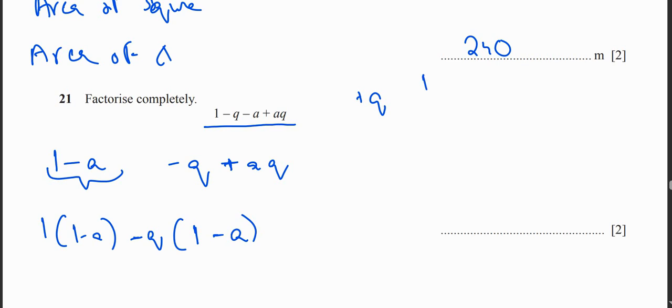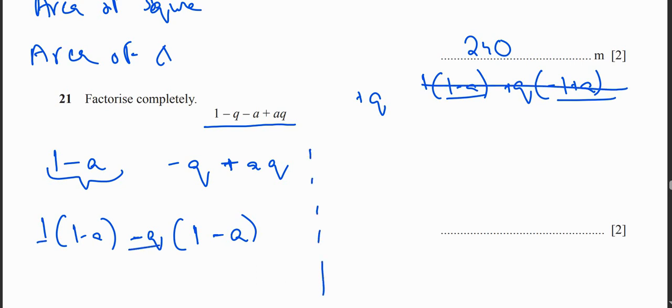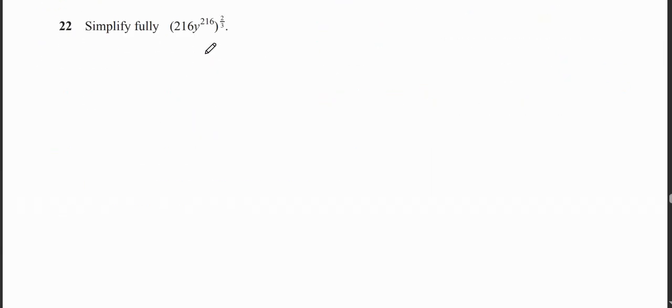Look, I'll do it for you. 1 minus a. If I took positive q, this would remain negative 1 plus a. Are these two same? No, you cannot factorize. This is something I just wanted to teach you guys. So 1 minus q and 1 minus a. My q and a are similar, so I hope you understand.